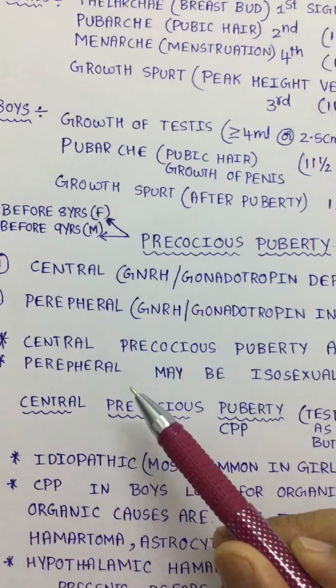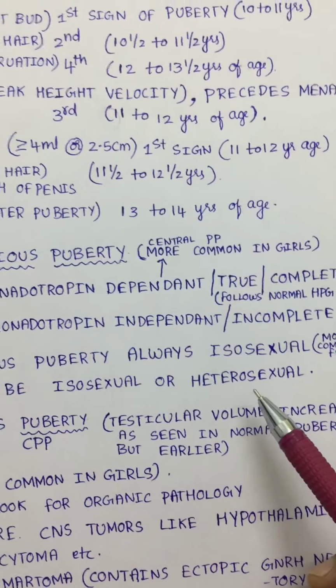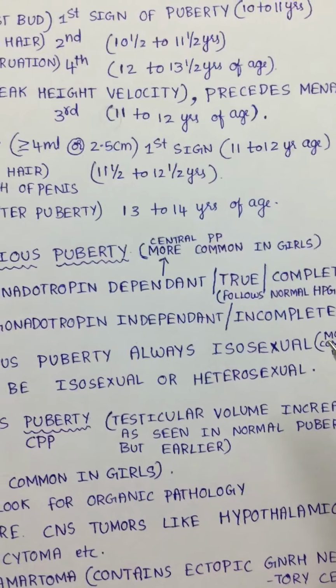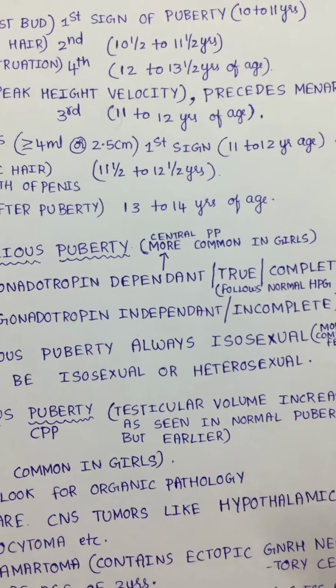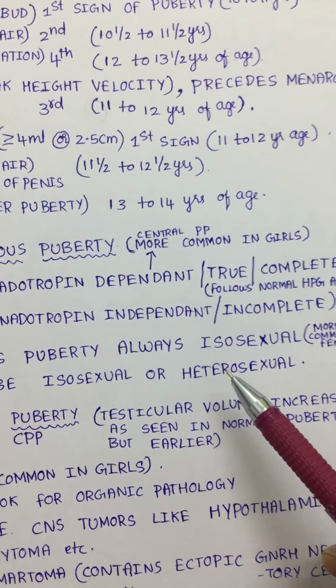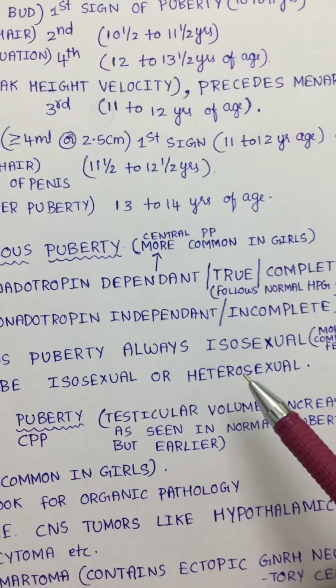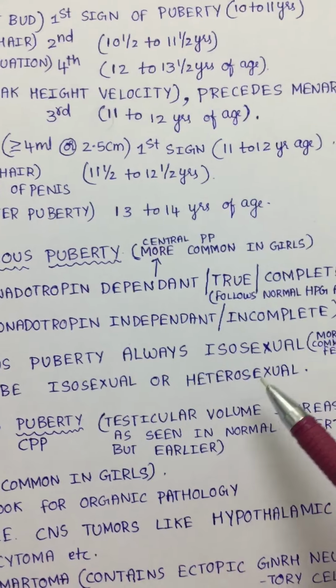Whereas peripheral precocious puberty may be isosexual or heterosexual. The females can be virilized due to excess androgens in many conditions like congenital adrenal hyperplasia. So they can be excessively virilized and they can be seen as males in the early stages only.